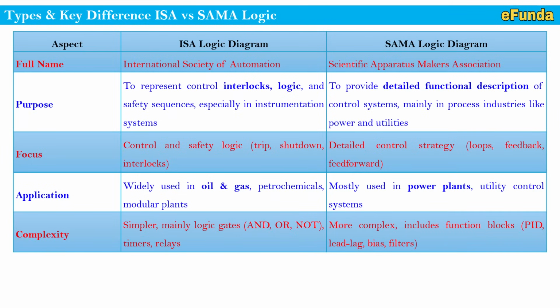Complexity: ISA logic is simpler, mainly logic gates, that is AND, OR, NOT, timer, relay, etc. Whereas SAMA logic is more complex, which includes functional blocks like PID, lead lag, bias, filter, and many others.